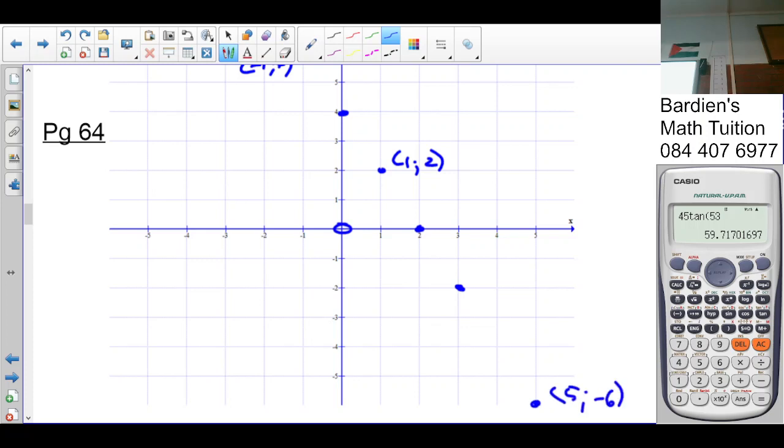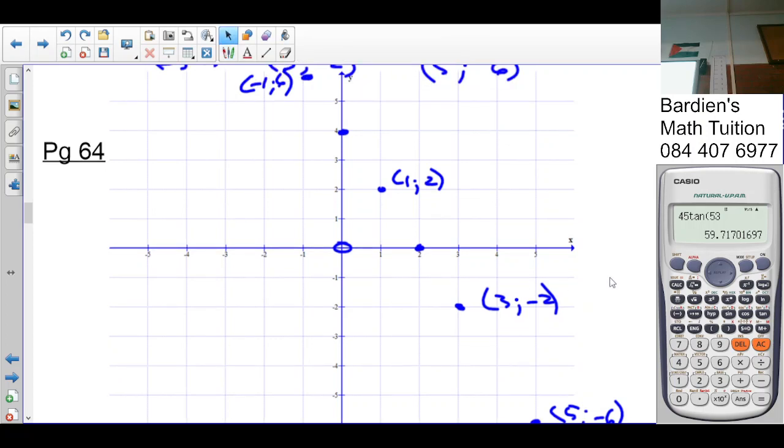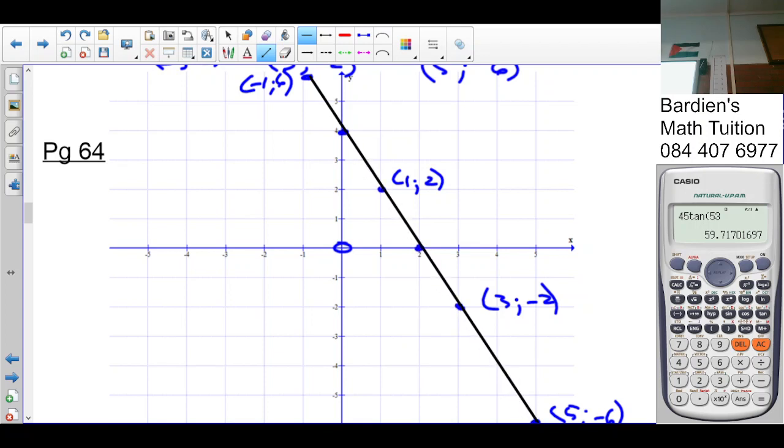So what do you notice now? Yes, it's decreasing. It's a straight line. We can draw it in a straight line through those points. Can you see that, people? Let's draw. And there's your graph.